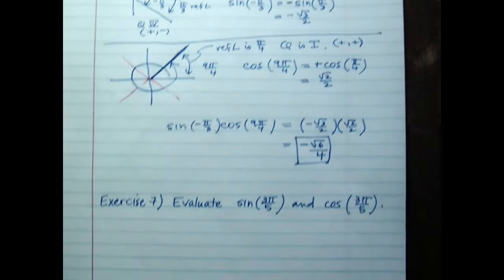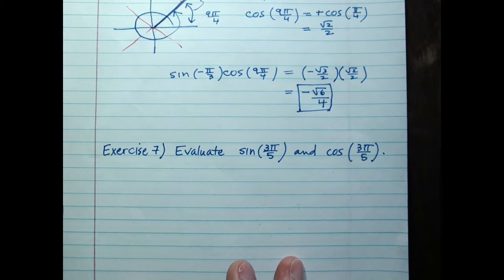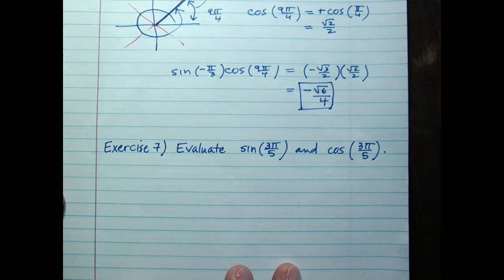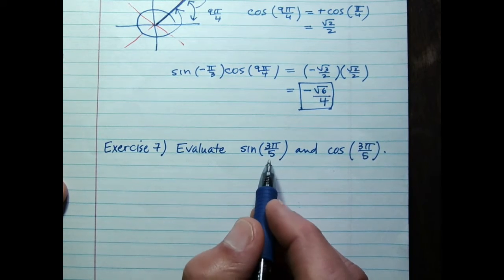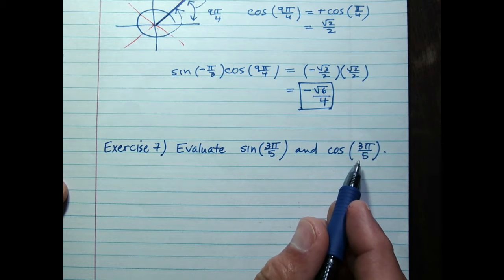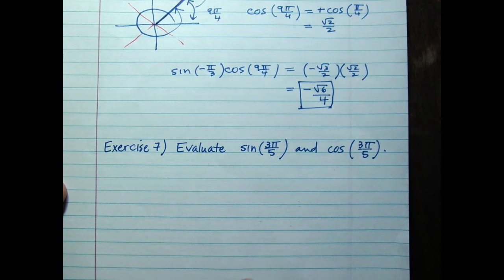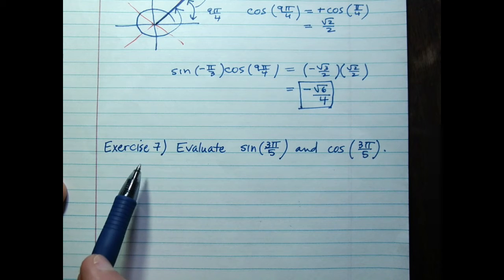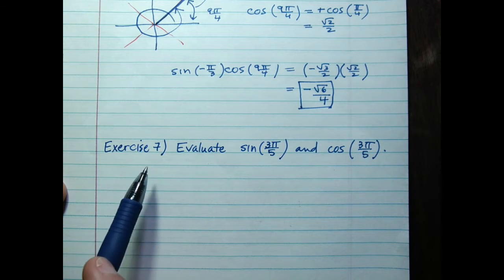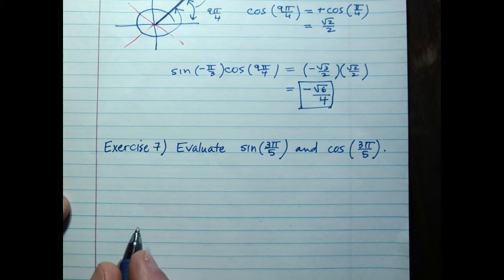All right, exercise 7, one more of this type now. And actually, this is sort of a different twist on things. Evaluate sine of 3 pi over 5 and cosine of 3 pi over 5. Now, just a little background here. A lot of these exercises we've been doing are kind of artificial because they rely on special angles.